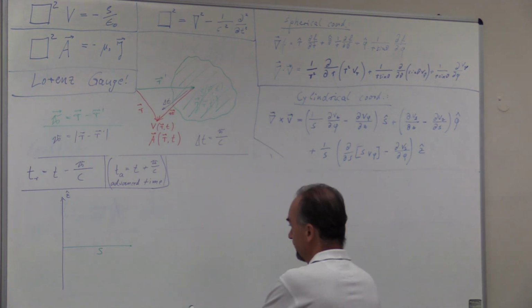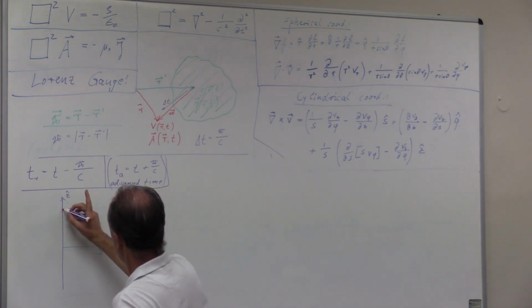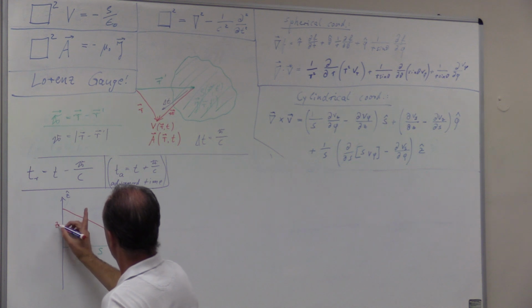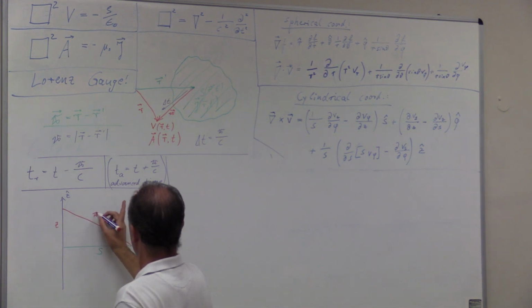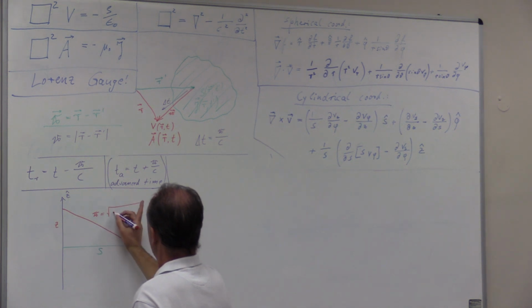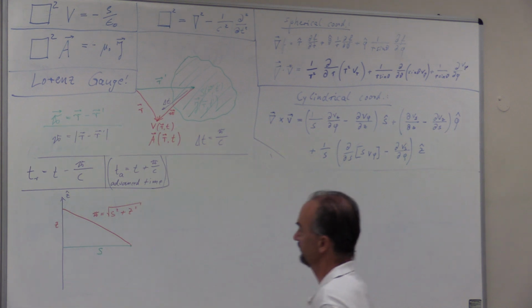So for any point z along the axis, we have some distance r here, which is just given by r squared equals s squared plus z squared, right?